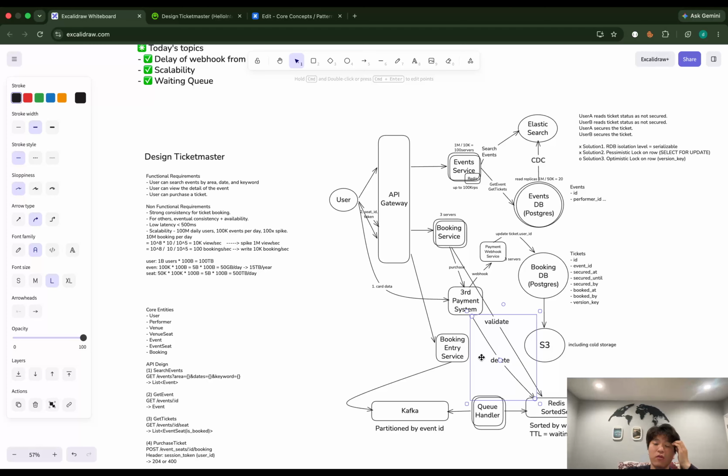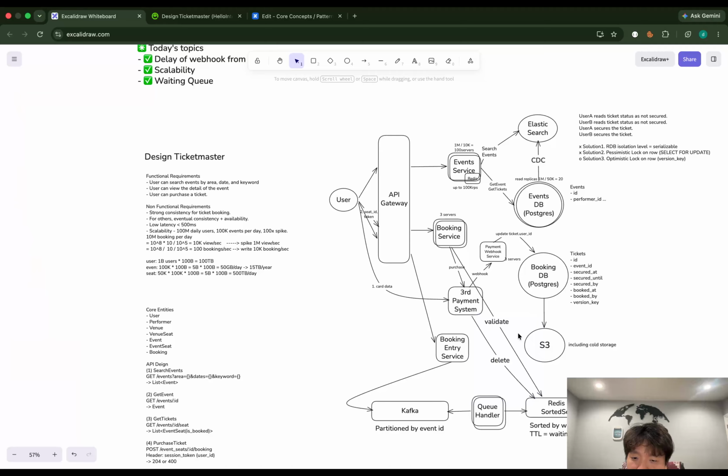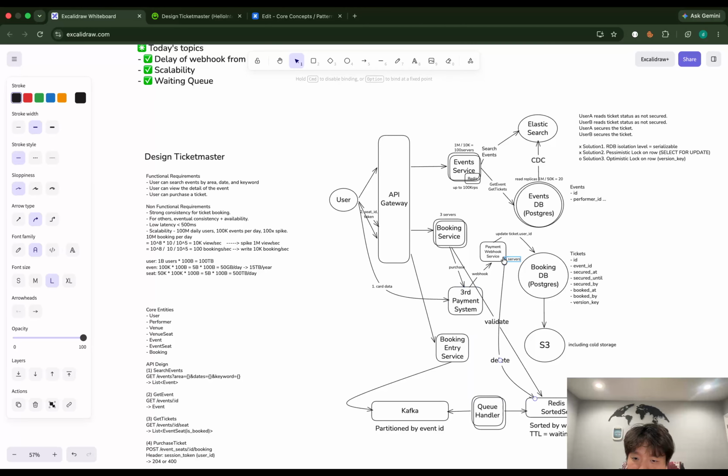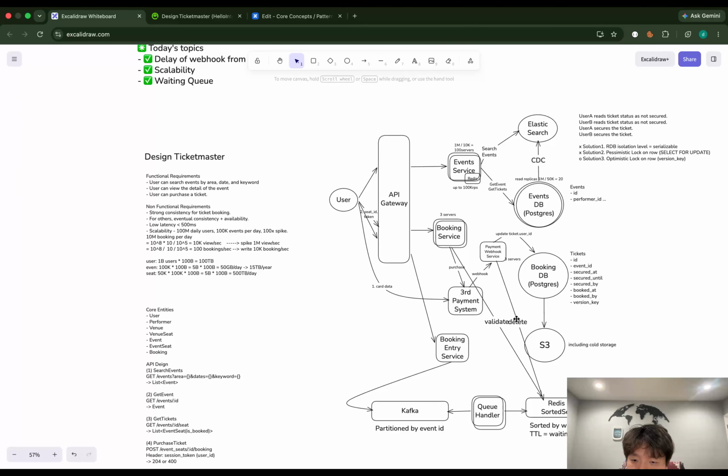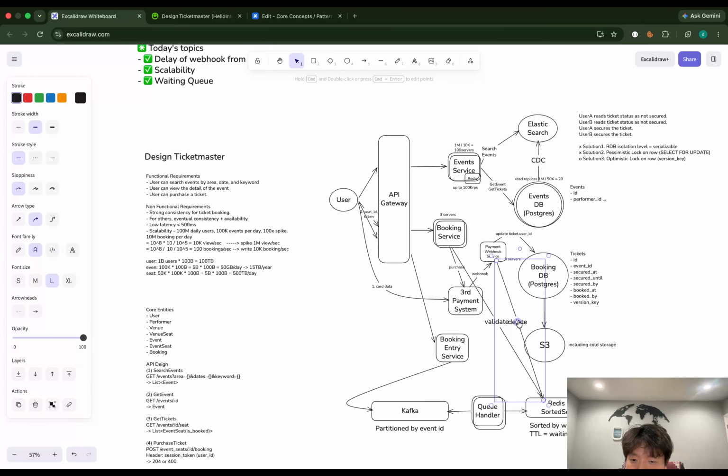Of course it's better that this, oh sorry, it's here. So what I can notice from here is, now this payment webhook service throws the write query to DB and also deletes the record from Redis SortedSet. But I don't guarantee the atomicity here.